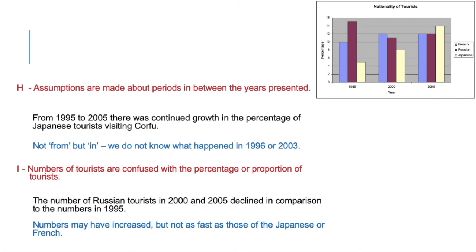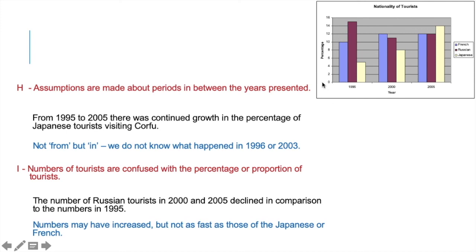And so their relative increase in proportion compared to the Russian tourists has affected these figures. It's difficult to understand, but we cannot use the number of tourists. We can only say the percentage or the proportion. Okay, so be careful here.